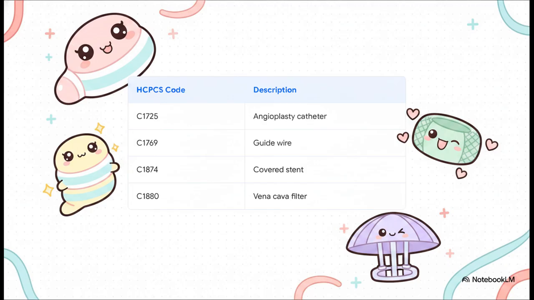For example, you've got C1725 for an angioplasty catheter, C1769 for a guide wire, C1874 for a covered stent, and C1880 for a vena cava filter. But remember, this is just physical evidence from a specific moment in time. Actually, you should always consult the current year HCPCS codebook because these codes and descriptors update annually.